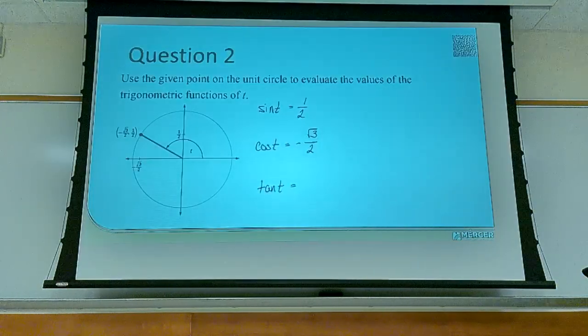Tangent, y over x. 1/2 divided by negative root 3 over 2. Simplify that. Negative 1 over root 3.